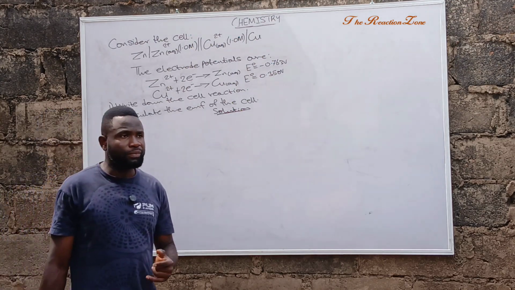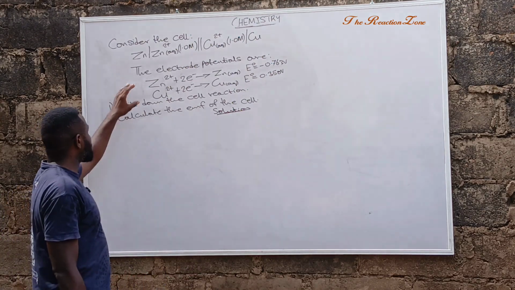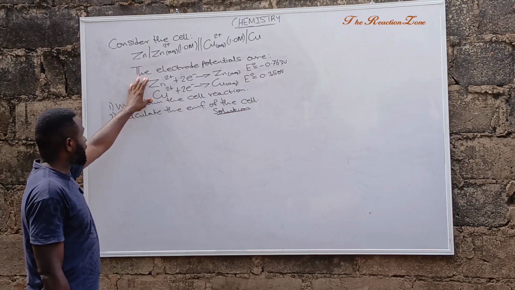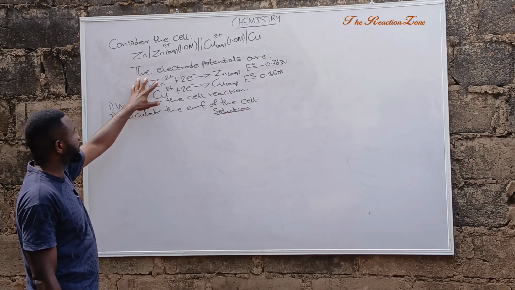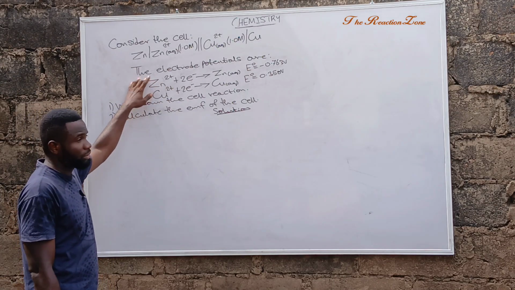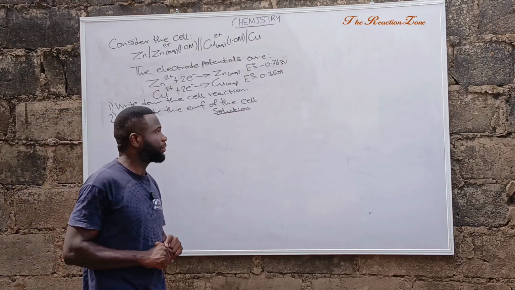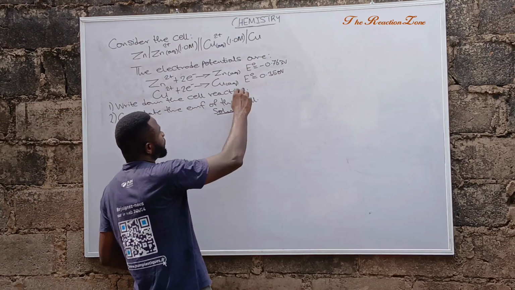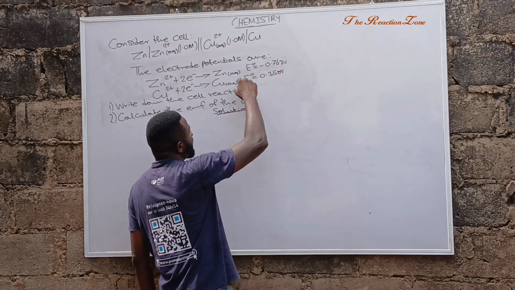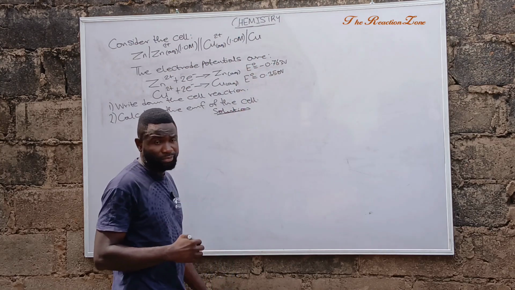cell. Now, if we look at these two equations that are here, they are showing reduction of zinc ions and reduction of copper ions, which tells us one thing, that the two values of electropotentials we have here are reduction potentials.